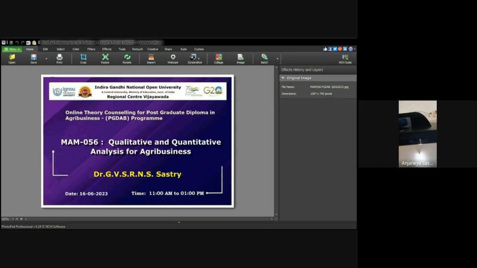PERT is an abbreviation for Program Evaluation Review Technique, a sophisticated mathematical technique developed in 1958 by Allen and Hamilton under the U.S. Navy's Polaris submarine project.